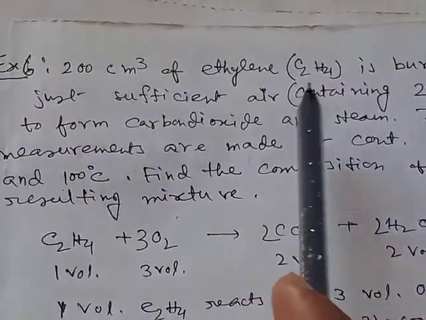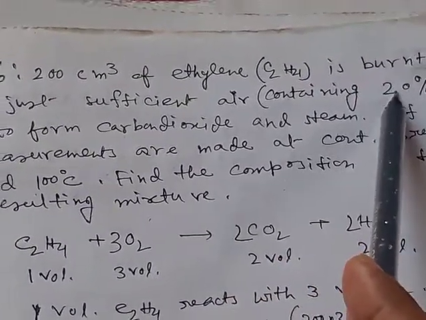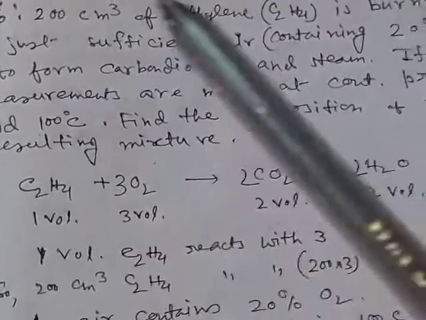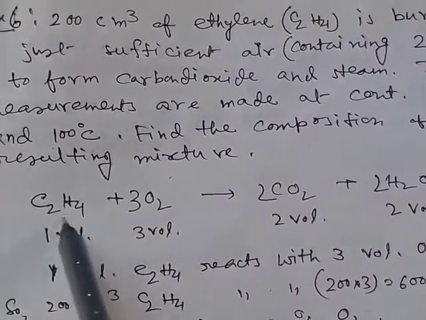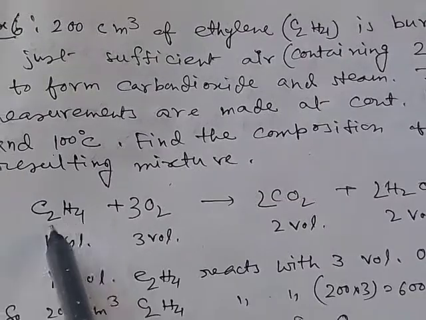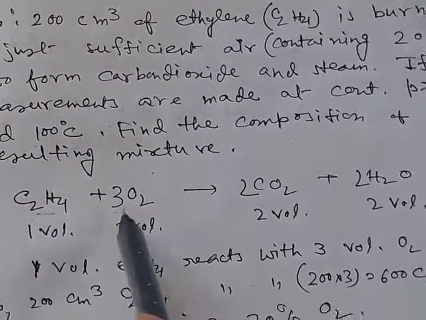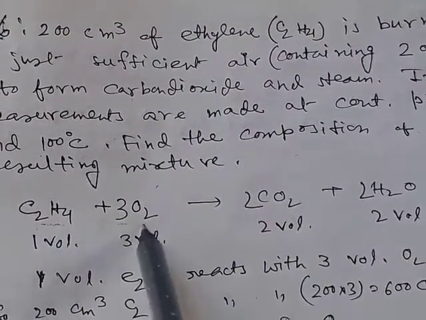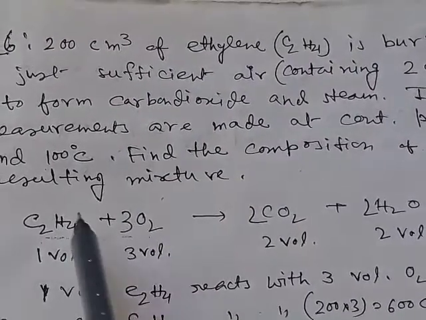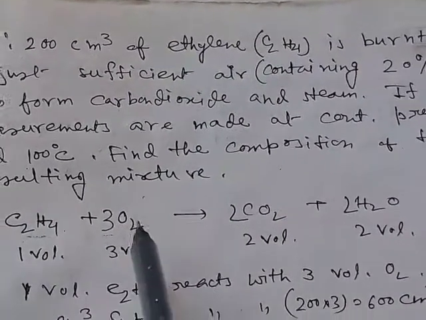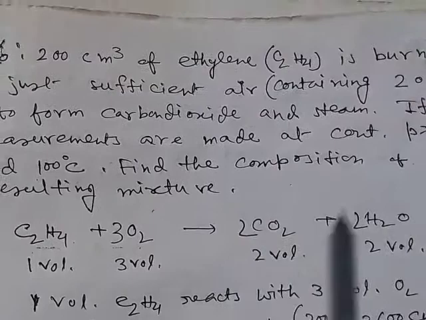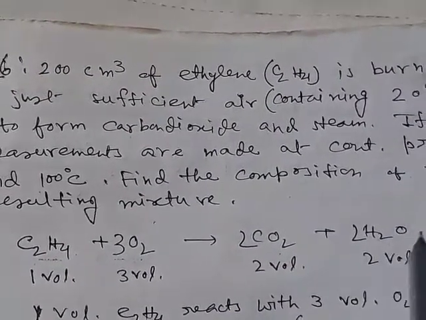Here the reaction is ethylene burned in sufficient air. So we write the reaction: ethylene, this is the formula of ethylene, reacts with oxygen, this is the burning of ethylene, and it produces carbon dioxide and water.